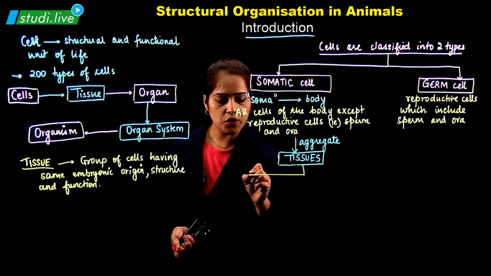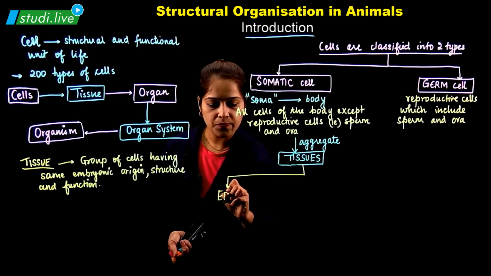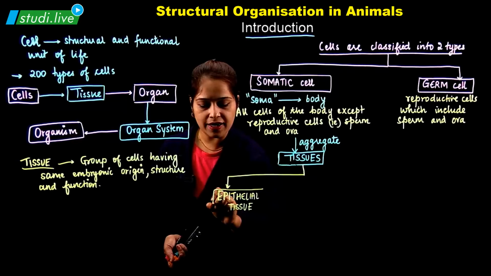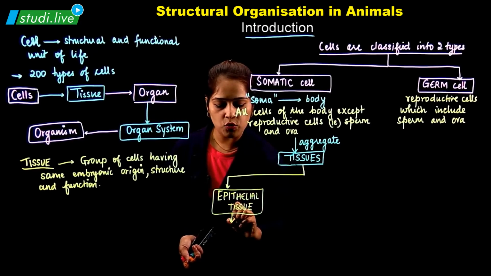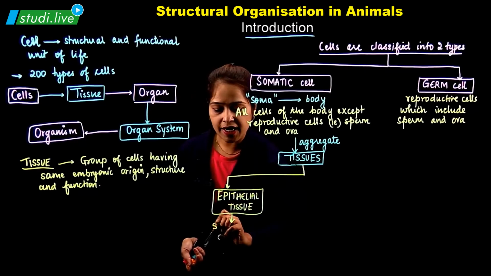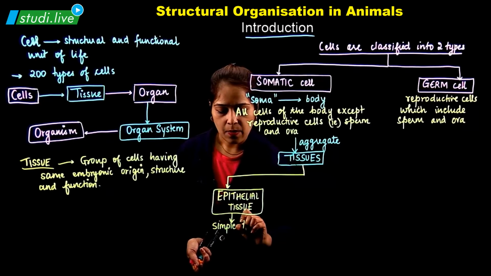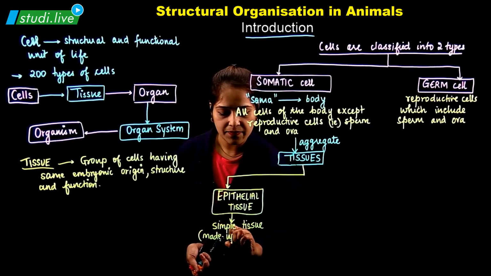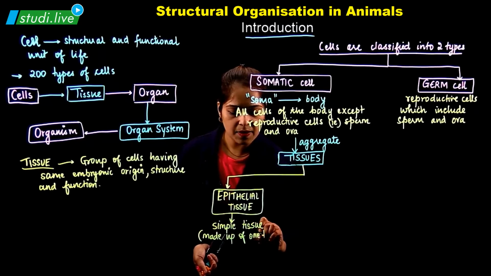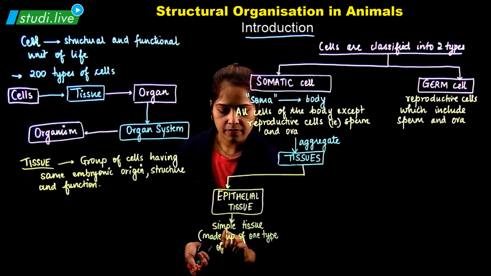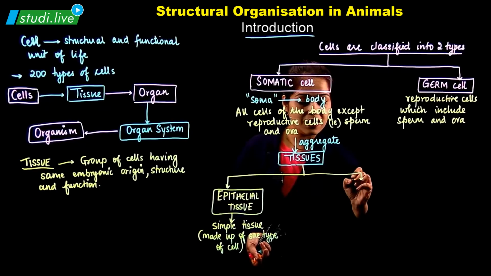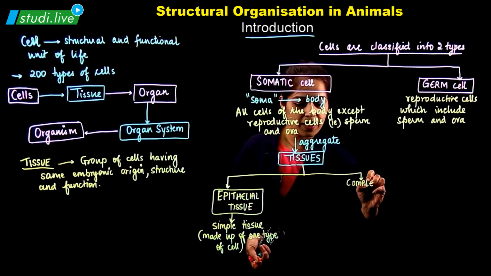The first one is epithelial tissue, which is a simple tissue made up of only one type of cell. Whereas the other types are complex tissues, which are made up of more than one type of cell.